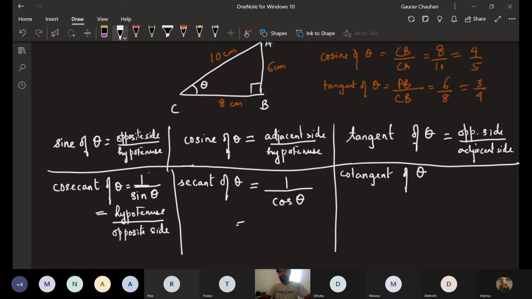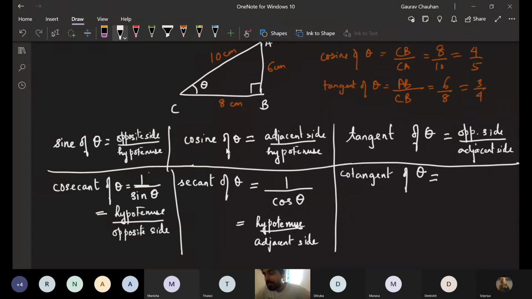Okay, that is equal to, I want Manisha to tell me what will happen if I do the reciprocal of cosine of theta. Yeah, sir, hypotenuse by adjacent side. Very good. Hypotenuse by adjacent side. This is secant of theta. Okay, it's the same thing.